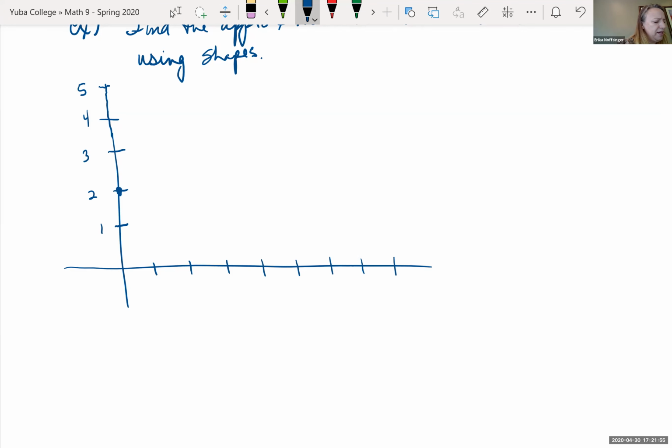I'm going to have a point at 2, 3. I'm going to come back down and have another point at 4, 3. And in between at 3, I hit a max of 3.5.